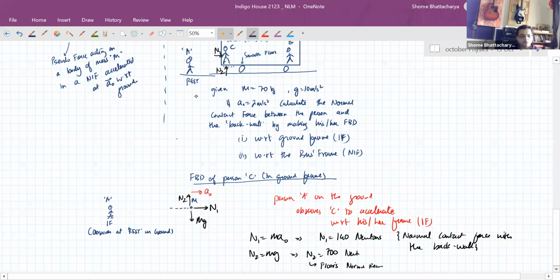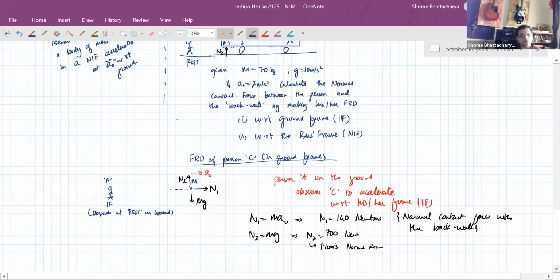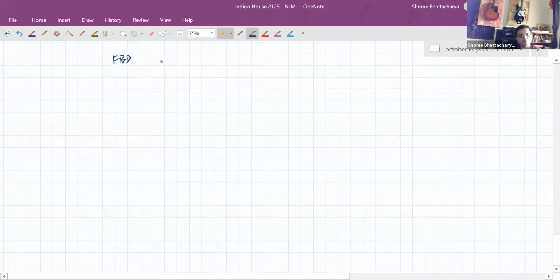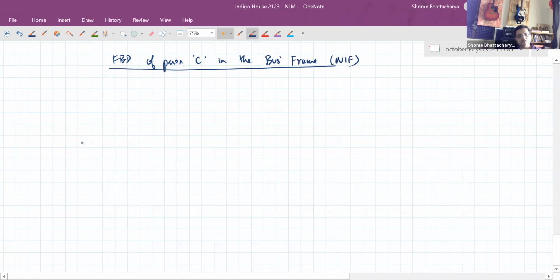Okay. So next, when we look at the free body diagram of the person C in the bus's frame, which is a non-inertial frame. So this is our observer B, let's say, who's in the bus.